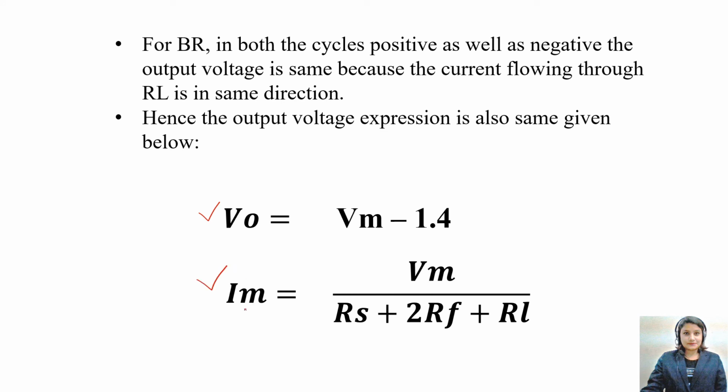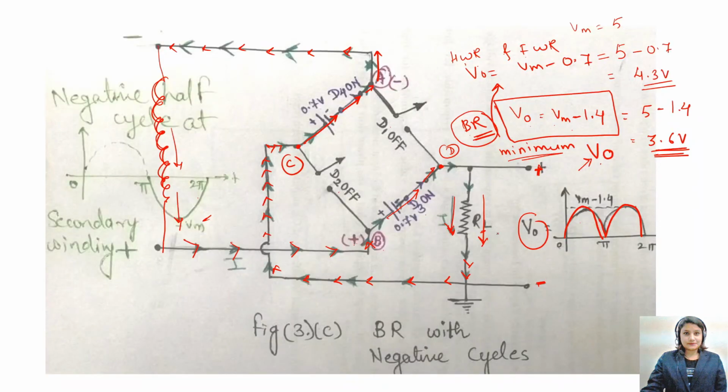And the maximum current here is Vm upon 2 Rf plus RL. The 2 factor is getting multiplied. Why is the 2 factor getting multiplied? Because the current is flowing through 2 diodes. In negative cycles, it will be flowing through D4 and D3.